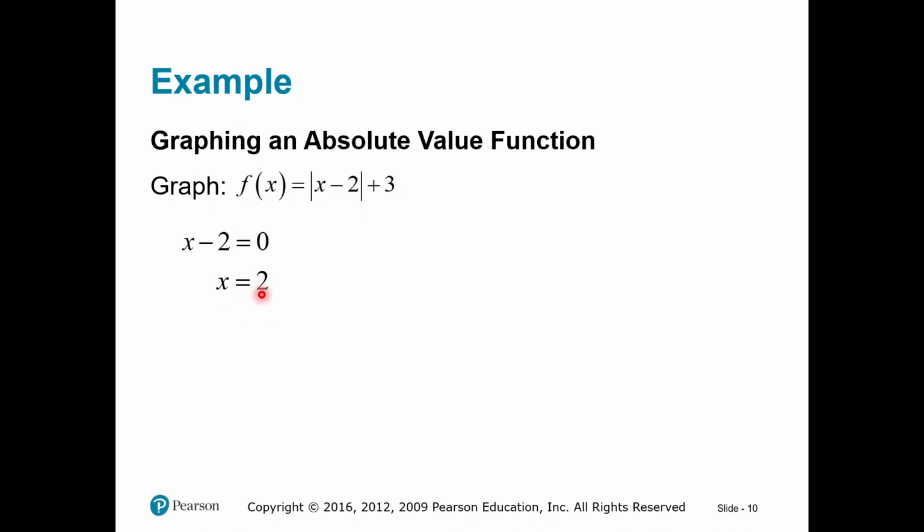We have to pick our x values, and the first x value will be the x value that makes the absolute value go to 0. And that's why we put the inside of the absolute value equal to 0. Solve for x, you got 2.